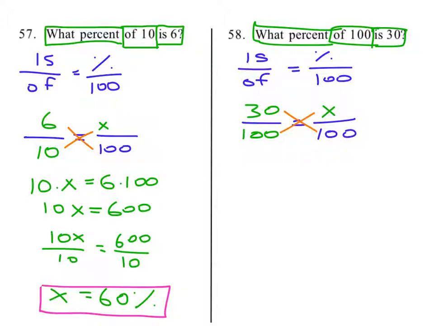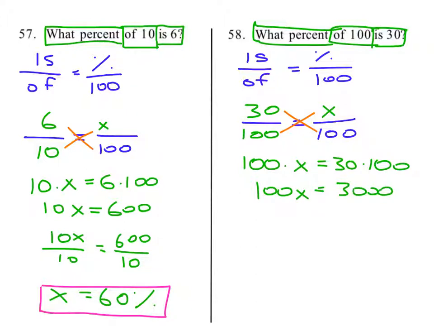Multiplying the diagonals, we say 100 times x equals 30 times 100. Simplifying that, 100x equals 3,000.